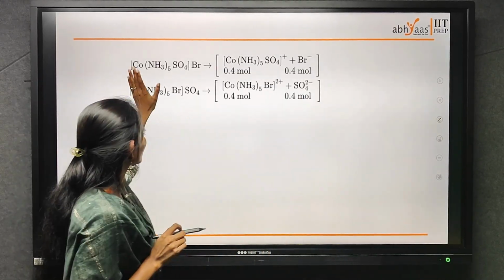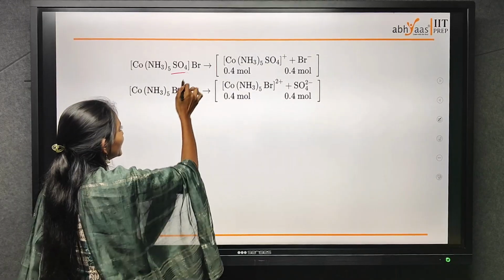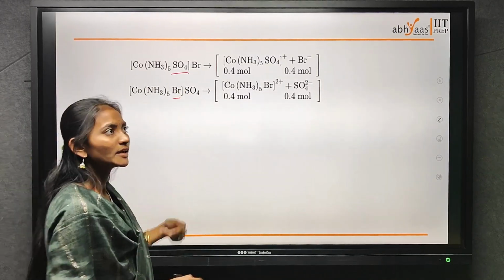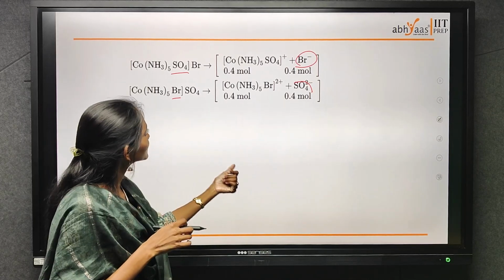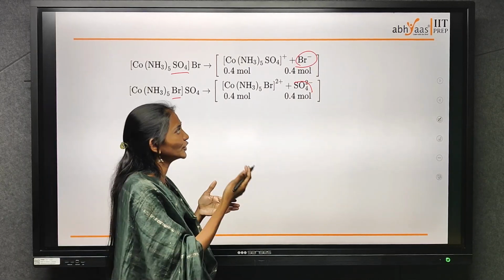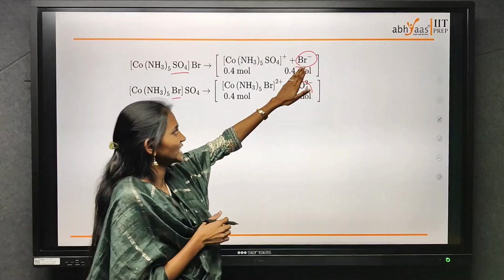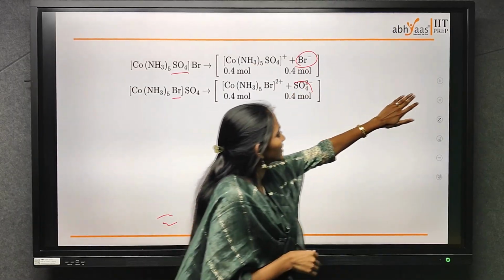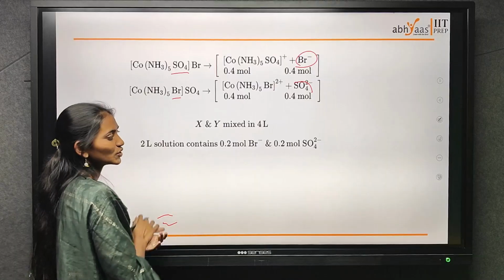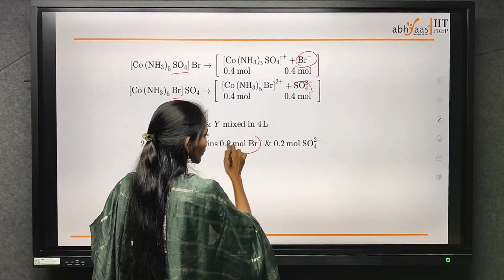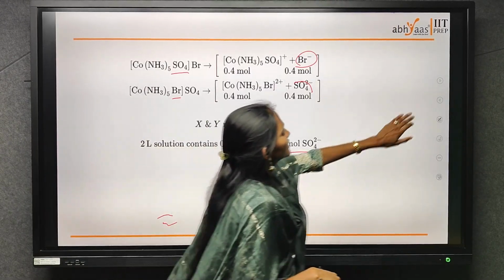See, we are having ammonium and bromine, right? Sulfate and bromine. So here what is happening? Your bromine is getting precipitated, right? So that means your silver nitrate is going to react with bromine and form a precipitate, right? When you are giving this X mixture, then 2 liters of solution containing your metals, bromine and as well as your sulfate.